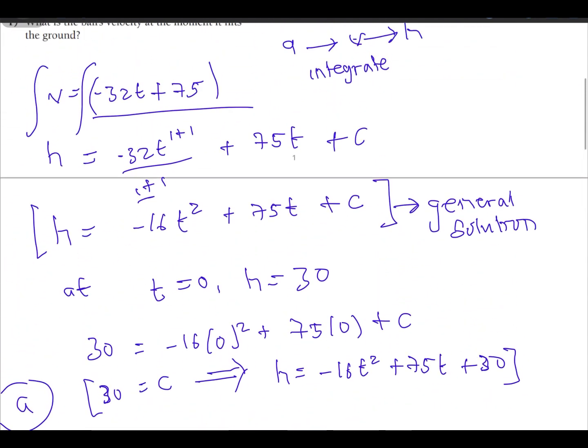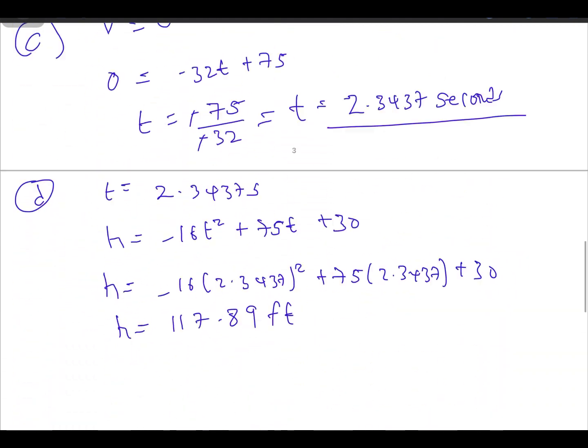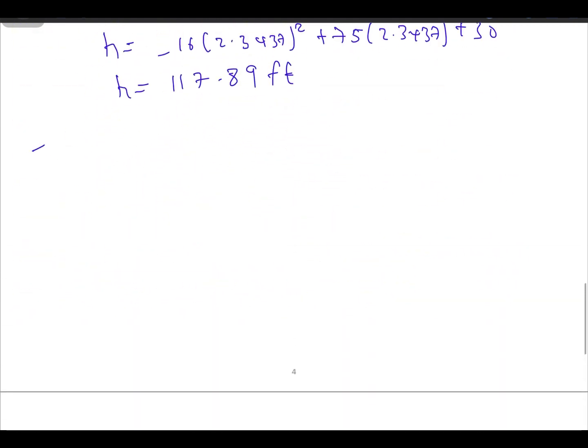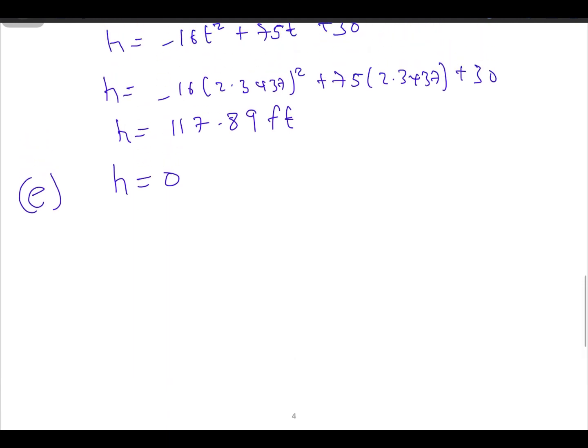So let's look at E. After how many seconds would the ball hit the ground? So they want the time that the ball hits the ground. And I know you agree with me that when the ball hits the ground, the height will be 0.